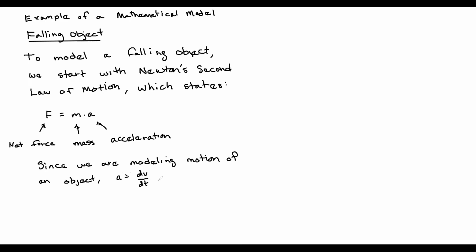Our object is going to change velocities over time, so the a is not going to be constant, and we can replace the a with dv/dt. So when we put those together, we get F equals m times dv/dt.